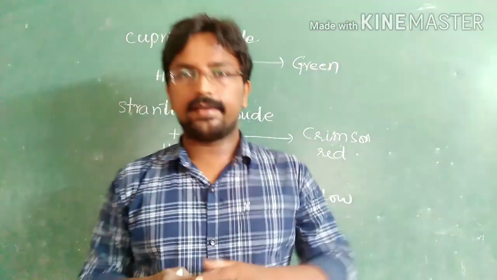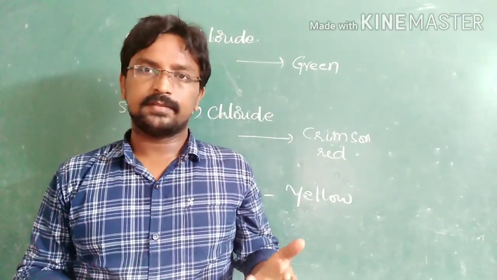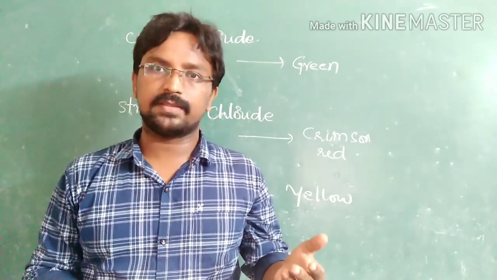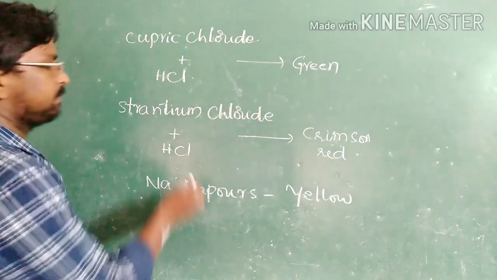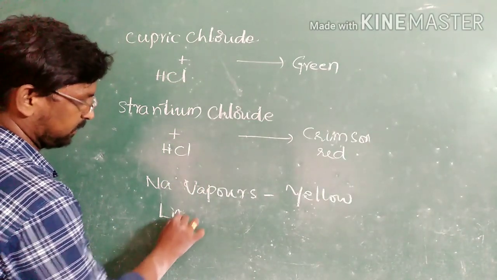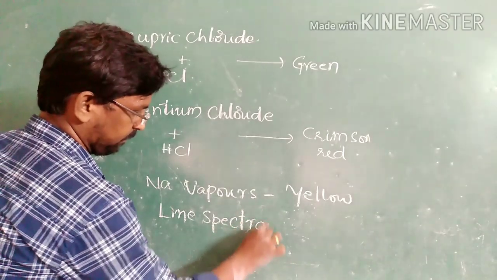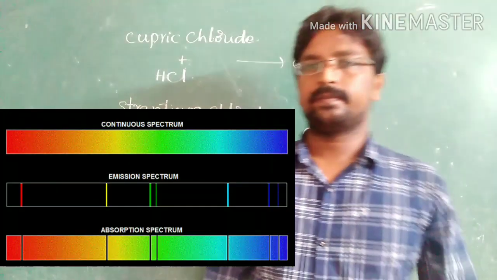So why do different elements give different colors? Each color has its own characteristic wavelength. These wavelengths are said to be the line spectrum.